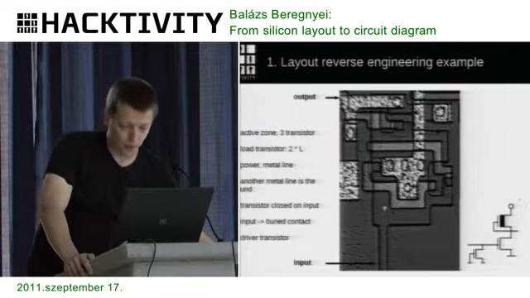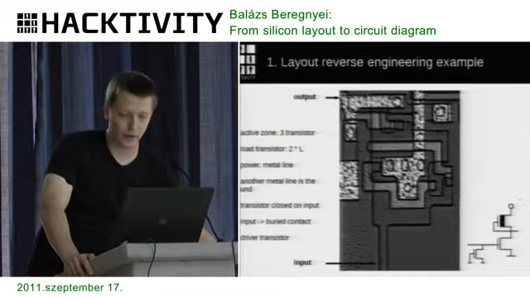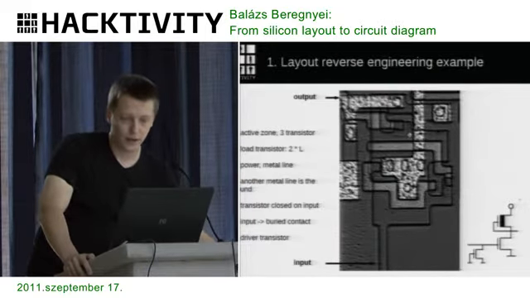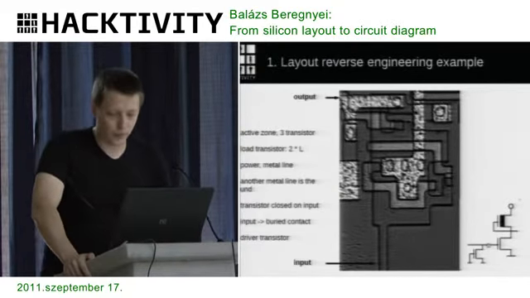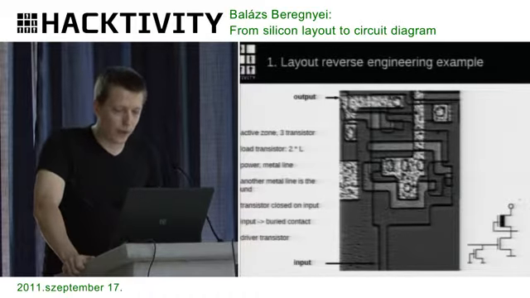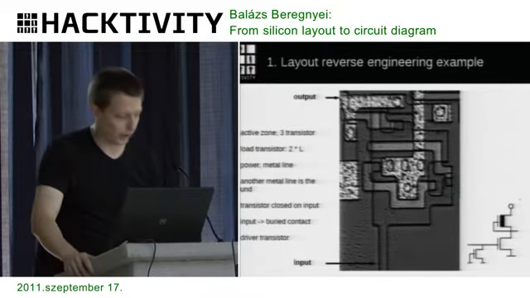input. You can see that we have, through a transistor, the input is grounded, and the gate of this transistor is connected to the ground through that buried contact. So that's an input and a closed transistor. The closed transistor doesn't change anything in the logic, so basically this is an ESD protection.